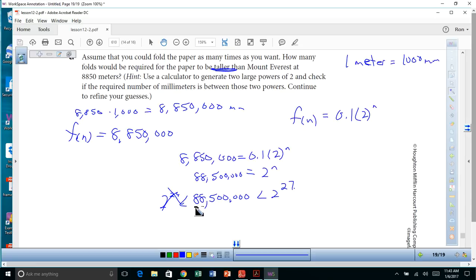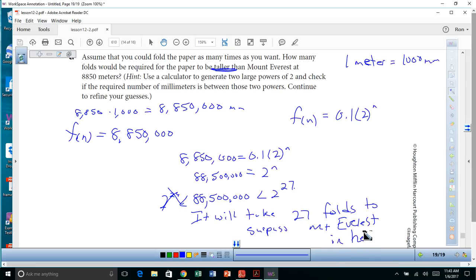So it will take 27 folds to surpass Mount Everest in height. Cool.